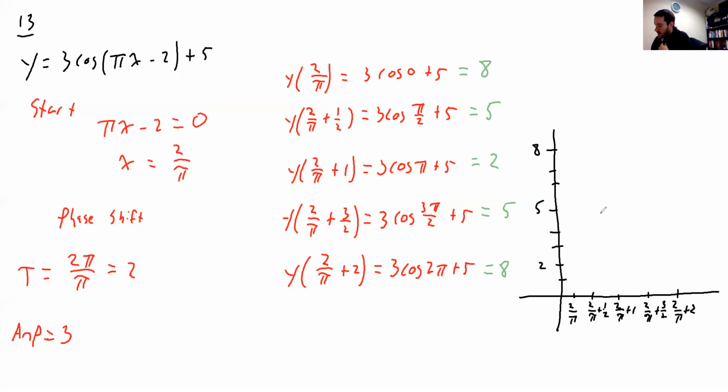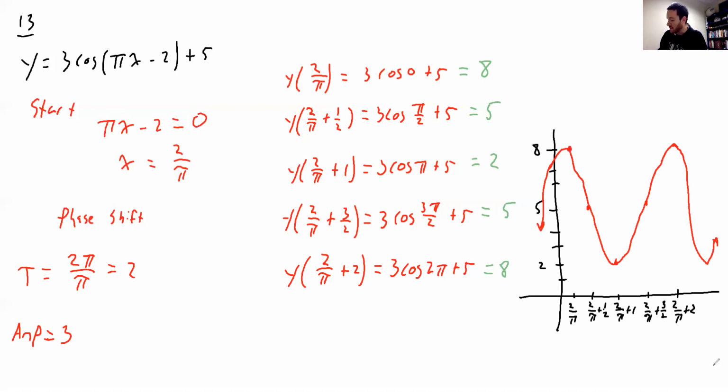First point was 2 over pi up at 8. Remember, the cosine normally starts at its highest or lowest point. Next one, 5. The one after that, 2. Back to 5, back to 8. So your curve, something like that. And again, just keep it rolling in either direction from there. Again, I'm going to move on, but feel free to pause if you need to catch up on writing this.